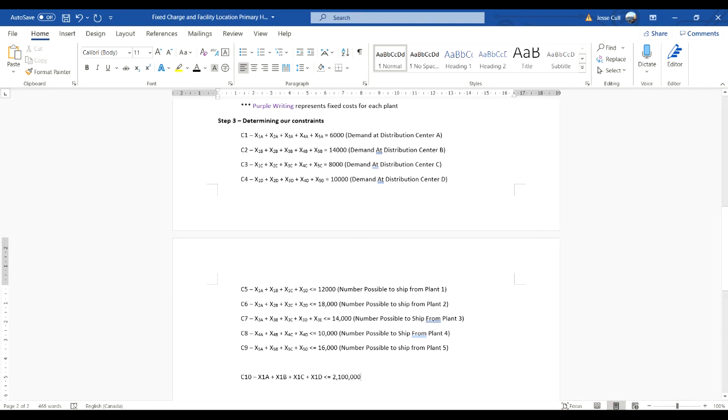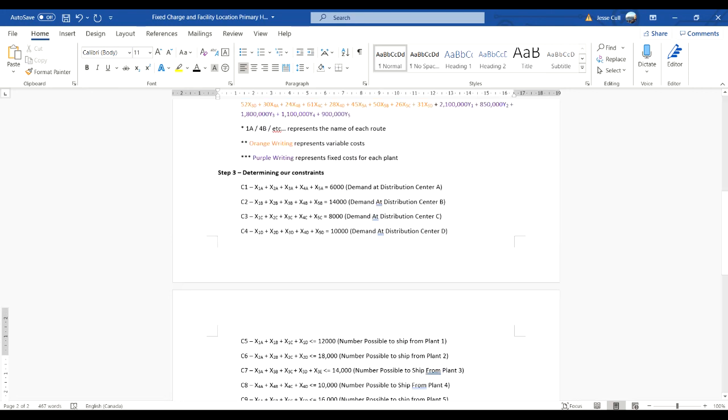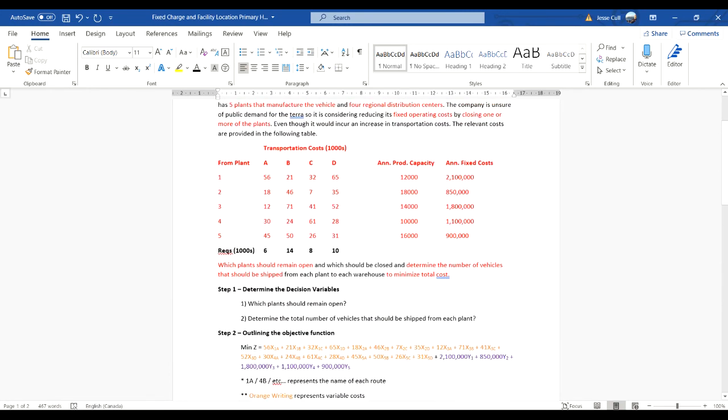And what this means, if we go up here, we see that if these are chosen, x1a, x1b, x1c, x1d, we're going to have fixed costs of 2,100,000. And this is going to be represented by if they are chosen or not.